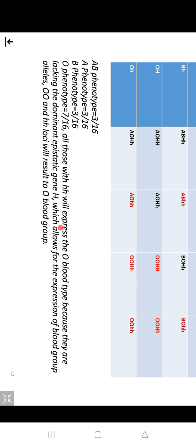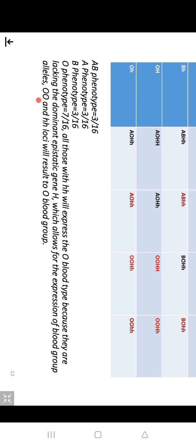All those with hh will express the O blood type because they are lacking the dominant epistatic gene, which allows for production of that H protein, which will now trigger the expression of blood group alleles in the other locus.